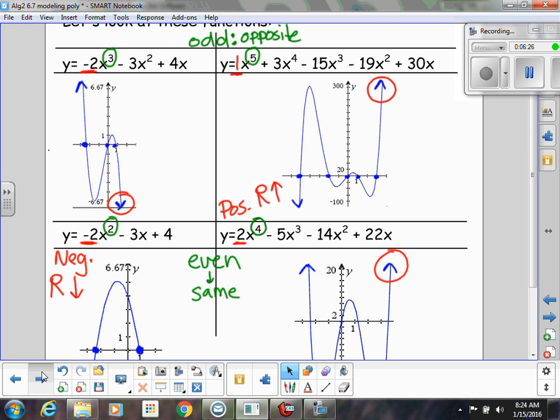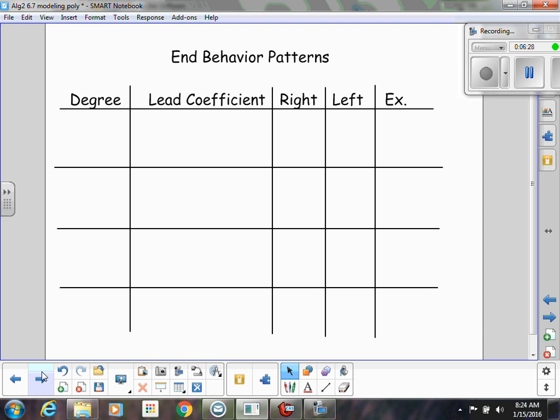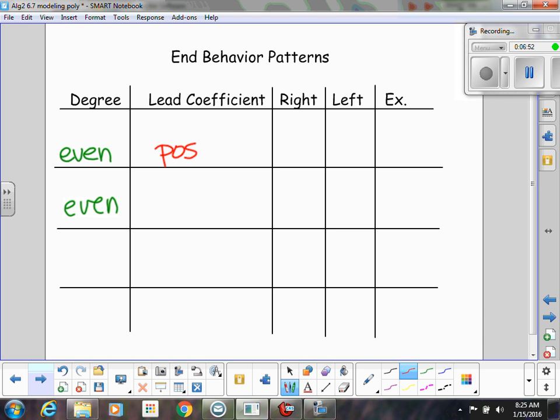Okay, so you've got a little chart in your notes where we're going to write all these end behavior patterns in our summary. So we were talking about the degree. And so we said if the degree is even, and remember we had 2 evens, we had a lead coefficient that was positive, and then we had one where the lead coefficient was negative.